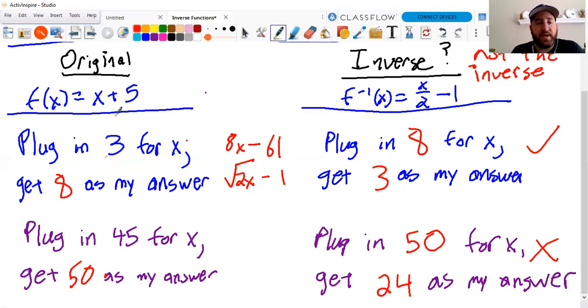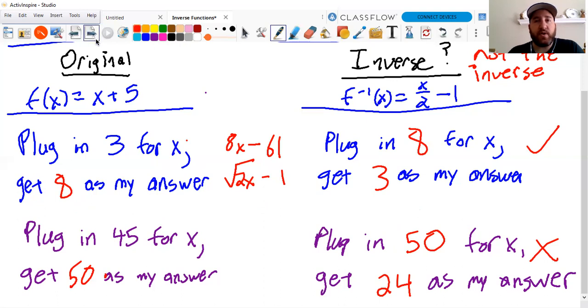If I plug in 3 and get 8 with x plus 5, I can do the opposite, plug in 8 and get 3. But then again, let's use the square root of 2x minus 1. If I plug in 45 and get 50, and then plug 50 into here, 50 times 2 is 100. The square root of 100 is 10. 10 minus 1 is 9. So I plugged in 50, and again I did not get 45. I got 9.